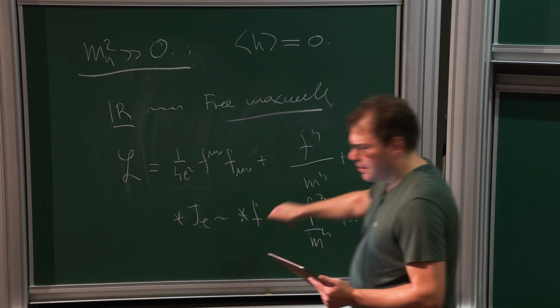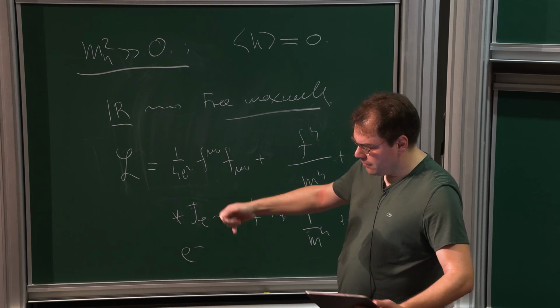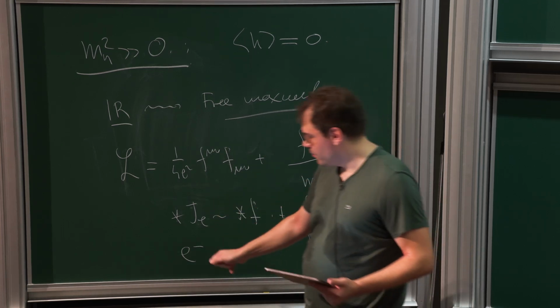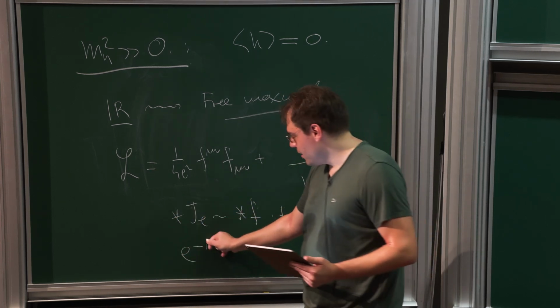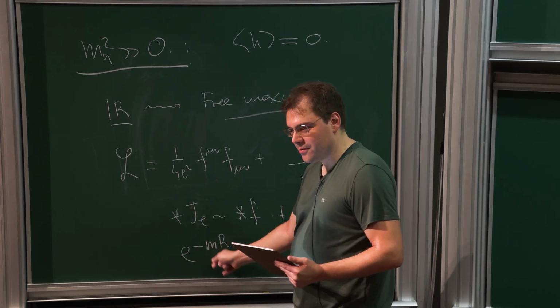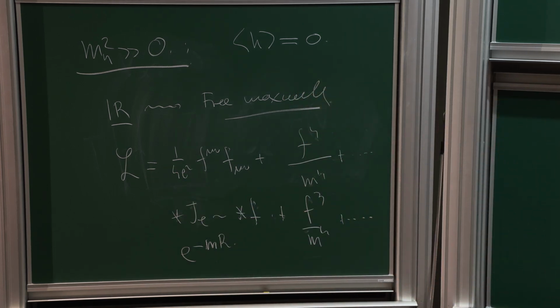Yeah. So if you want to have some process that actually picks up on the one-form breaking and measures some observable at distance r, it's exponentially suppressed in the mass of the particle that breaks the symmetry. Okay.